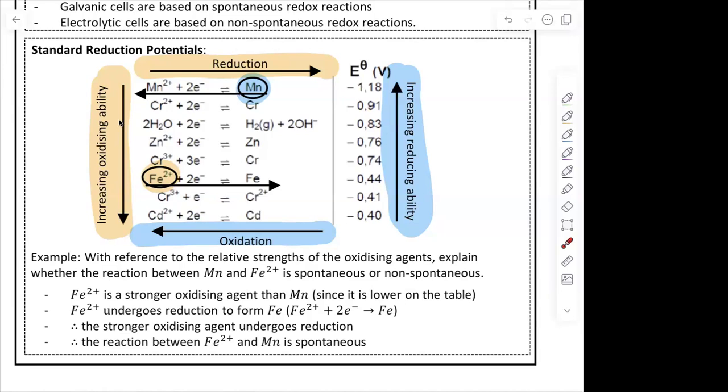Because it's more likely to undergo oxidation, we can clearly see it's on the right-hand side, so it's going to go in this direction of my reaction. It will get oxidized because manganese will lose 2 electrons to become manganese 2+. Therefore, the stronger reducing agent underwent oxidation. This is going to be a spontaneous reaction. I want you guys to really make sure you understand this.